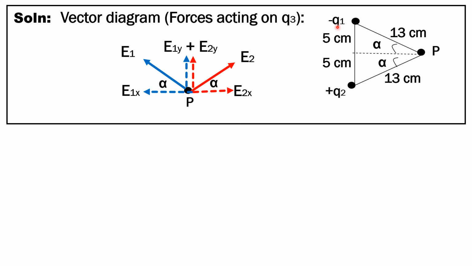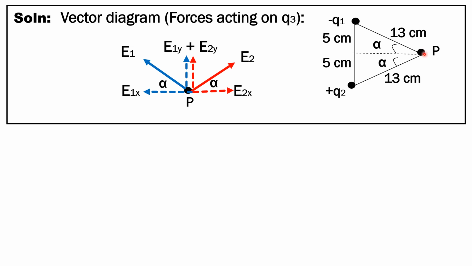All right, so what we are going to include in our vector diagram is the forces acting on Q3. Q3 is to be assumed located at point P. That is where Q3 is supposed to be located.